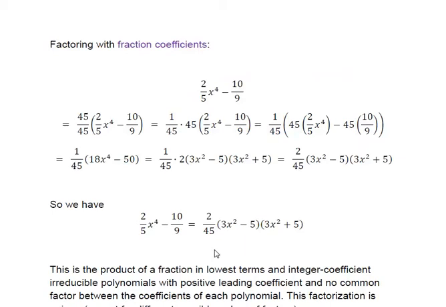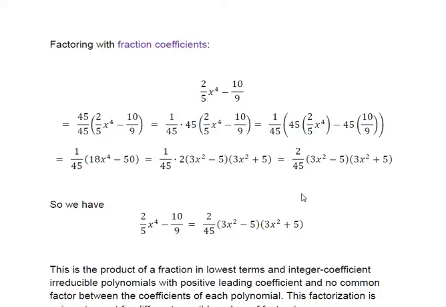Now let's take a look at factoring with fraction coefficients. Here we have a polynomial similar to the one before, except with fraction coefficients. The lowest common denominator of the fraction coefficients is 45, so we can multiply our polynomial by 45 over 45, which is just a form of 1, so it doesn't affect the value. And rearranging, we get 1 over 45 times the polynomial we had before, a happy coincidence, which had the previous factorization.